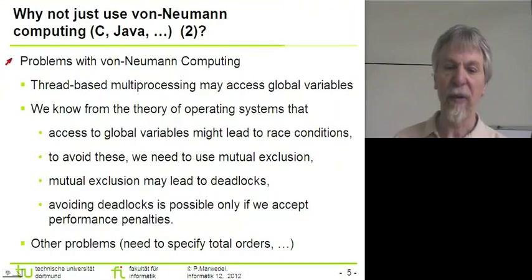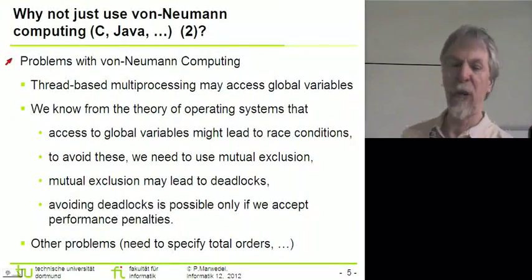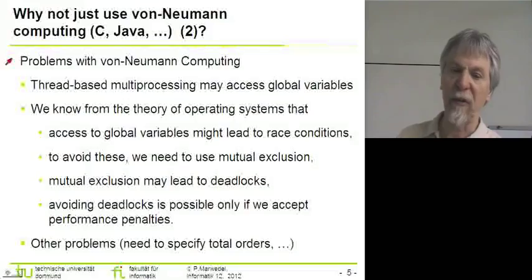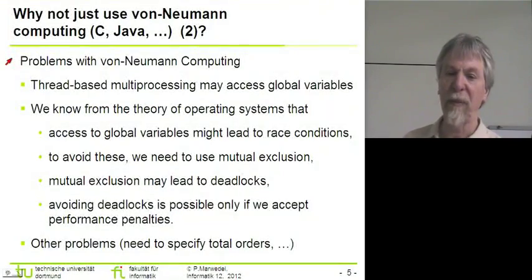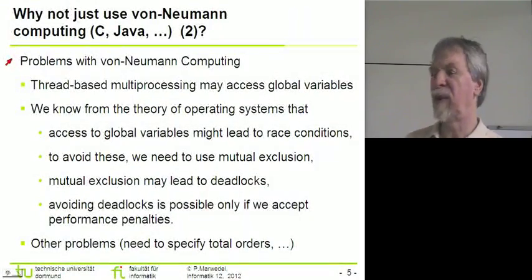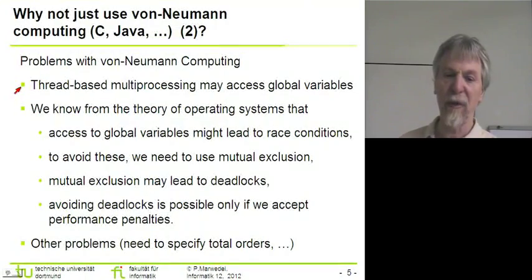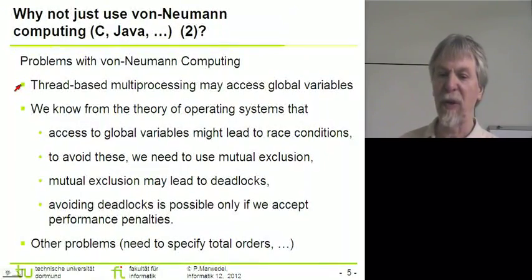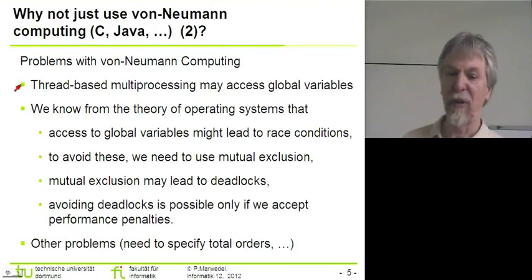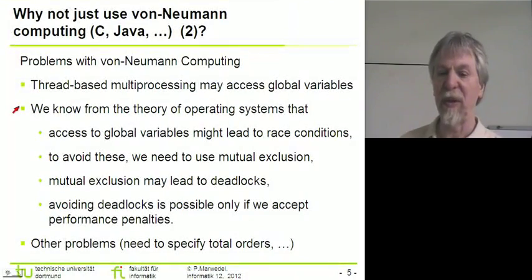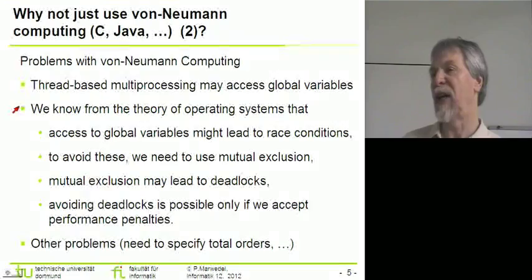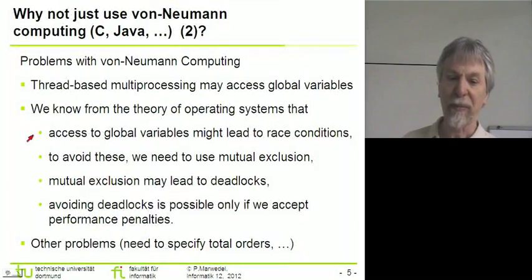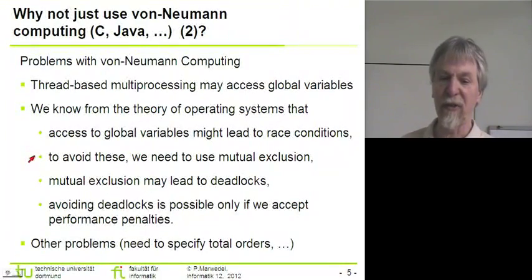So the argument in favor of looking for other ways of describing computations are based on problems that we see for von Neumann-based computing. If in this thread-based computing we are using multi-threading or multi-processing, where we're using global variables, there we know that due to the access to global variables, we might get into these race conditions, and to avoid these we need mutual exclusion.